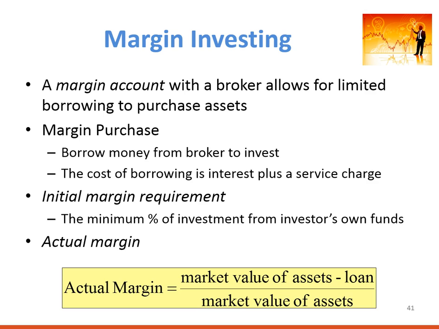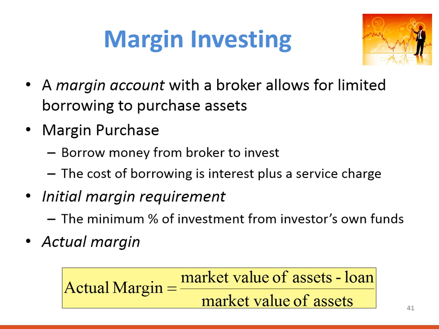Now, when it comes to margin investing, the broker is obviously putting themselves at some degree of risk. Their risk is that you might not repay that loan. So the broker will seek to protect themselves, and there are different ways they can do so, but the most important way is by trying to align the investor's interests with their own.